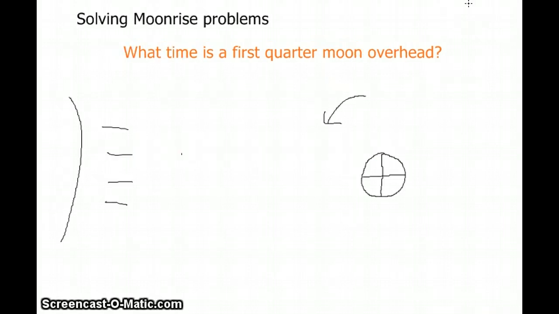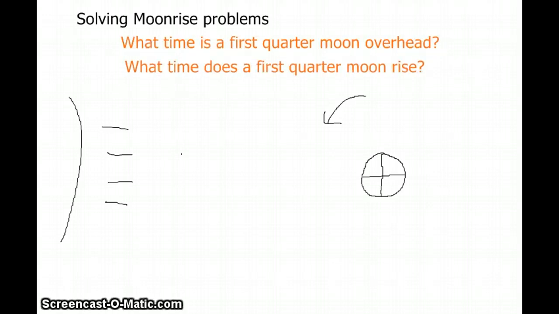Let's try our next question. And notice you need to read the questions carefully. What time does a first quarter moon rise? Notice you read the question carefully to make sure that this is a rise or overhead question.